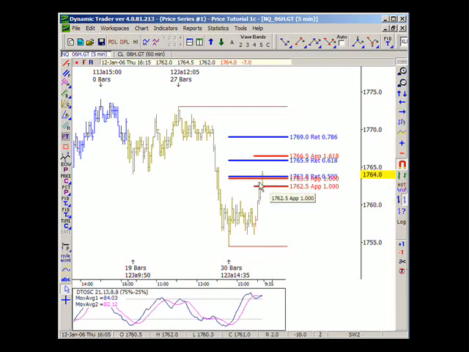But we know right in this zone is where we have the high probability price target to complete a corrective high. And our momentum is also in the overbought zone. So what a great setup to initiate a short trade on any sort of short-term reversal indication.